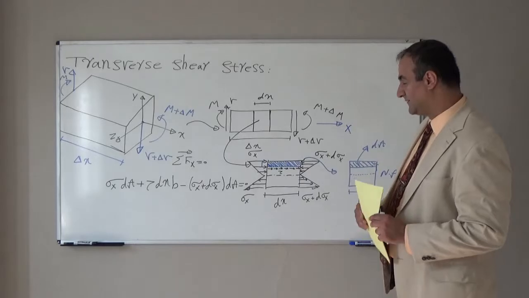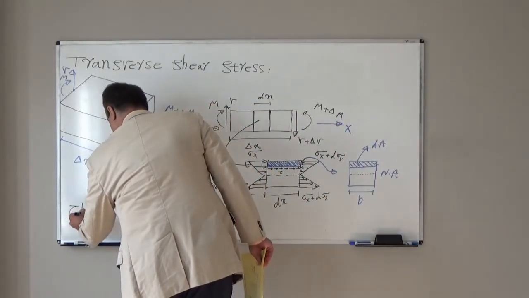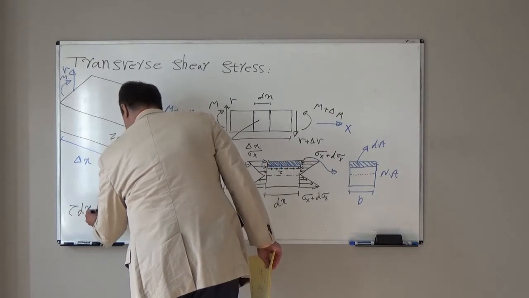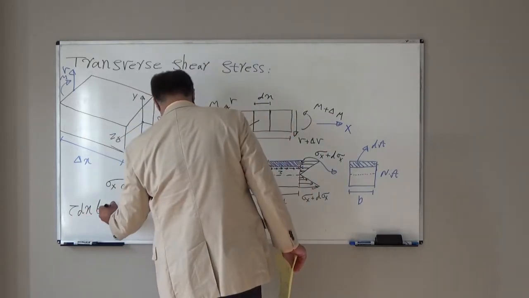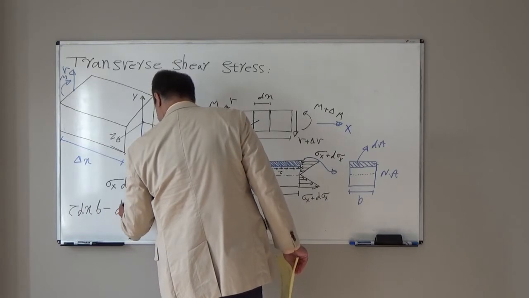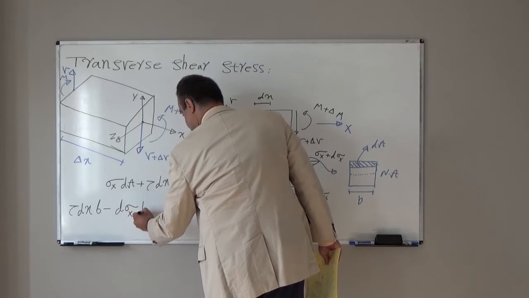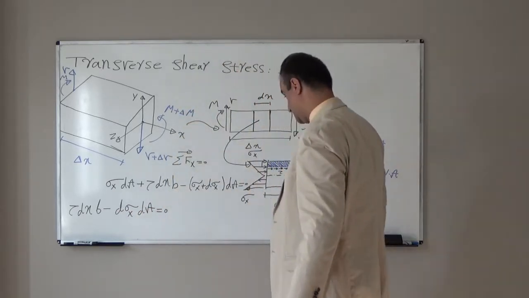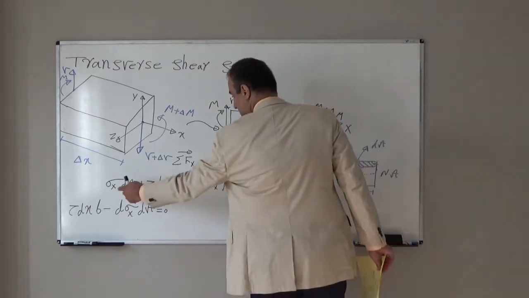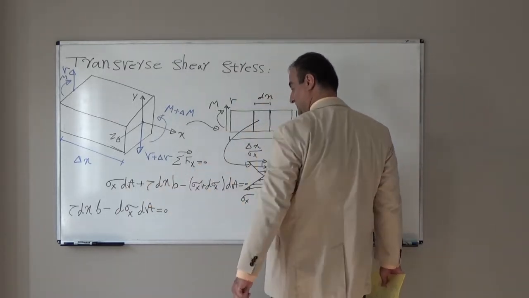If I simplify this, I will have tau dx B minus d sigma x dA is equal to 0, because positive sigma x dA and negative sigma x dA will cancel each other.